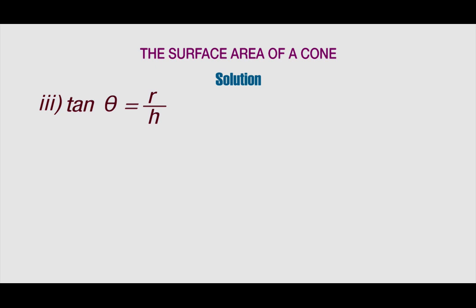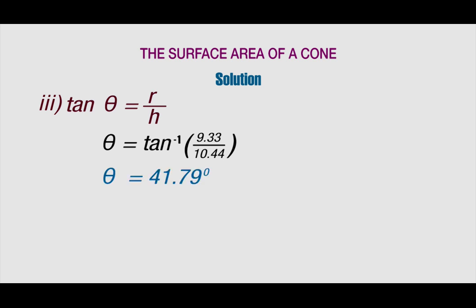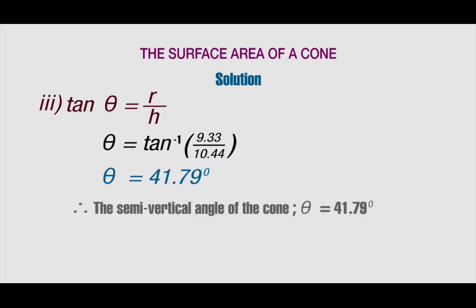So if you do the necessary substitutions, then we have theta equal to tan inverse of 9.33 divided by 10.44. And from our calculators, you get theta to be equal to 41.79 degrees. Therefore, the semi-vertical angle of the cone, theta, is equal to 41.79 degrees. That is easy.